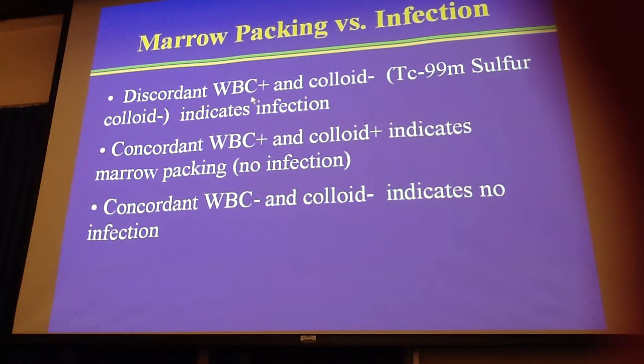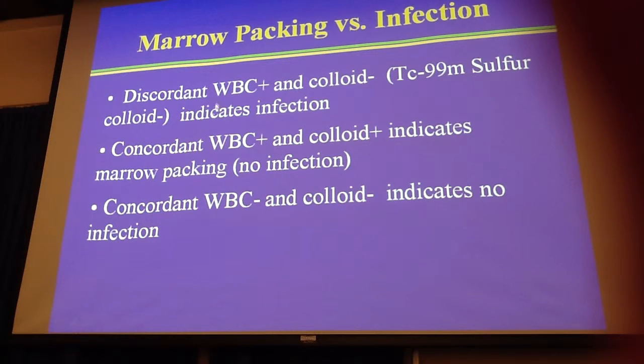If the white blood cell is positive and the sulfur colloid is negative, that's an infection. If the white blood cell is positive and the sulfur colloid is positive, that means the bone marrow is overactive or packed, so again, no infection. If the white blood cell is negative and the sulfur colloid is negative, that's also concordant and there's no infection.